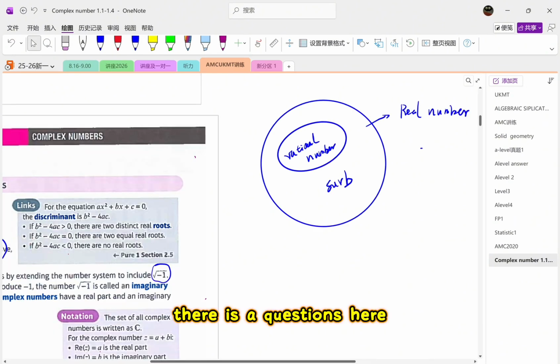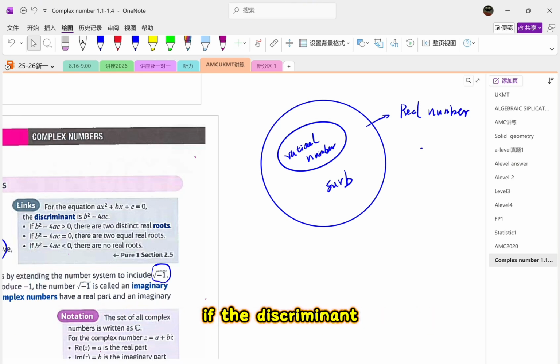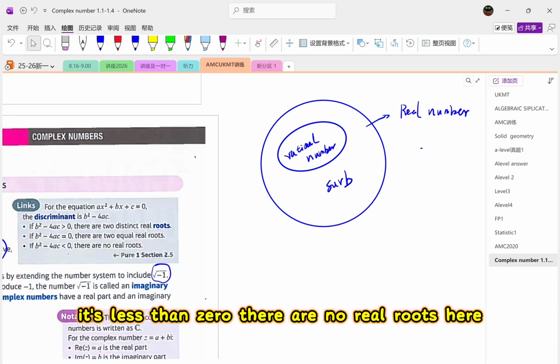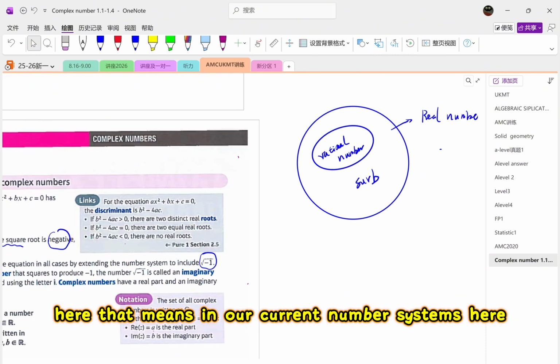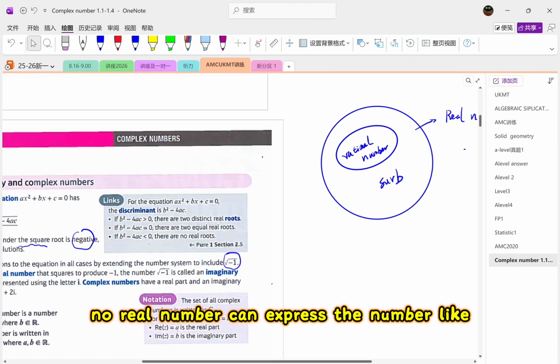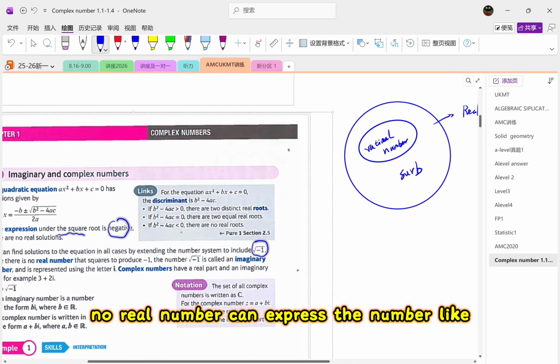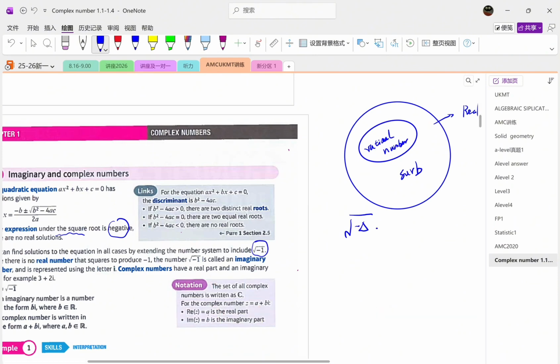But there is a problem here. For quadratic equations, if the discriminant is less than 0, there are no real roots. That means in our current number system, no real number can express a number like the square root of a negative number.